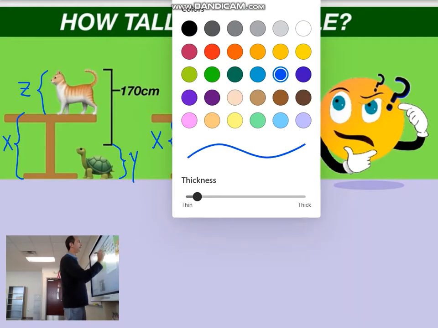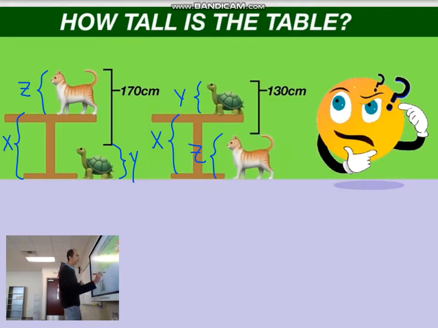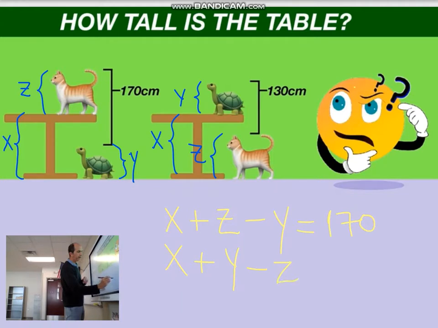You can say that x plus z, the height of the cat, minus the height of the turtle equals 170, and x plus the height of the turtle minus the height of the cat equals 130.